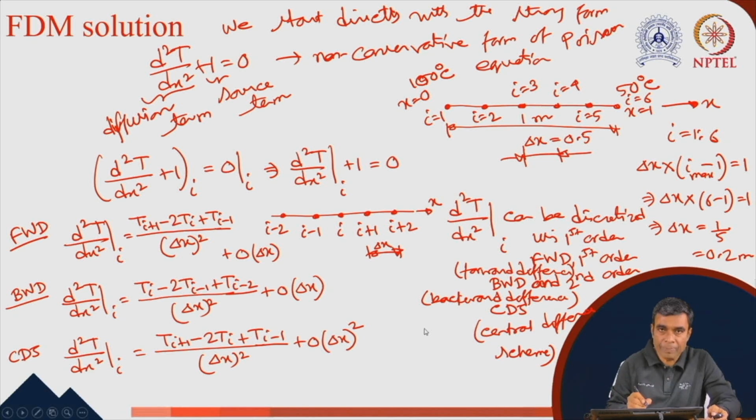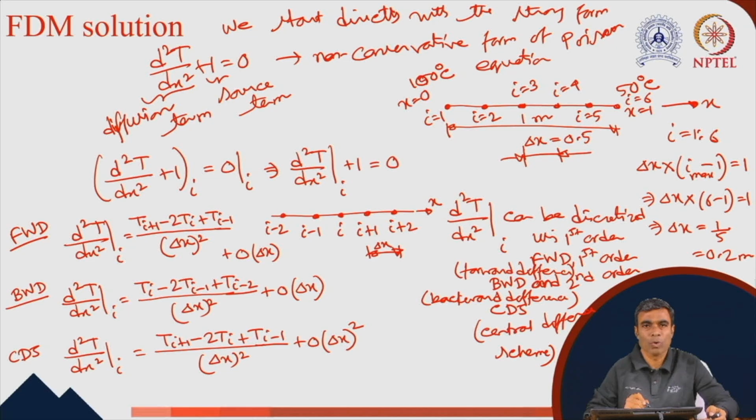If we come to the grid picture, then with respect to the ith node, the forward difference scheme contains the nodes i plus 1 and i plus 2. It means that it is showing the forward direction bias. If you go for the backward difference scheme, then we have nodes i minus 1 and i minus 2. It means that these are one-sided differentiation schemes.